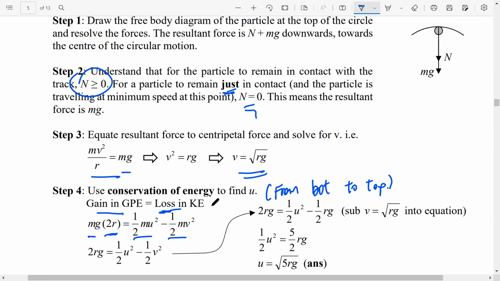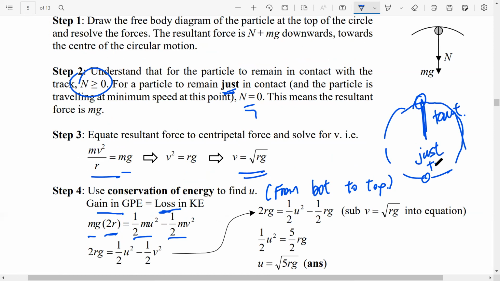Okay, now there's an extension of this. We can also take a rope. Just imagine you take a rope and you turn it around. The rope or string, when it's straight, we call it taut. So what is the minimum speed needed so that the string is just taut?